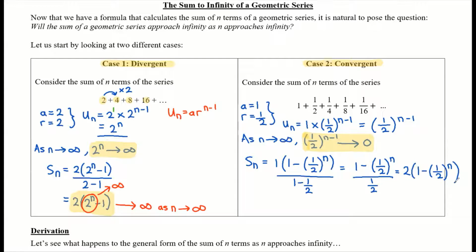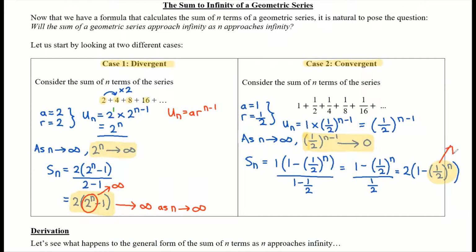Now notice we've got our results appearing again. It doesn't say n minus 1, but obviously when you're getting close to infinity, adding or subtracting 1 to your number is not going to make much difference. So we can say with confidence that this term here, the half to the power n, is going to approach 0.